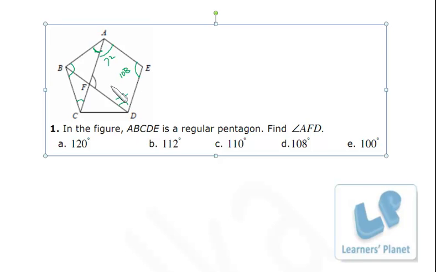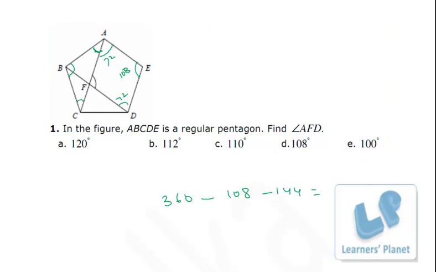So the sum of all four angles must be 360 degrees. So from 360, if I deduct 108 and 144, I'll be able to get angle F. So that is 108. Okay, pretty simple.